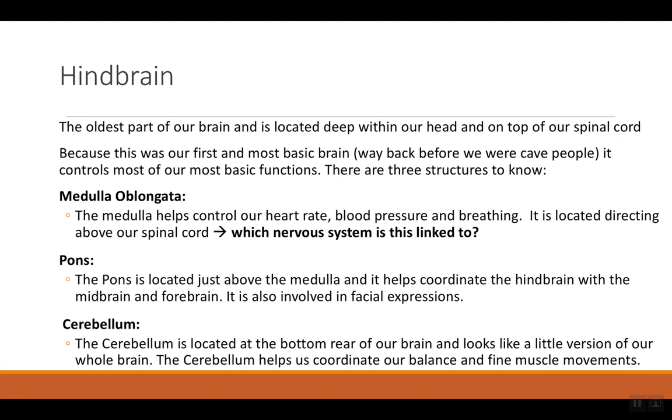Okay, so you do need to have an idea how to spell these guys. It's not going to be an oral test, but you do need to have an idea how to spell these words. The medulla oblongata, that does things like controlling your heart rate, your blood pressure, your breathing.